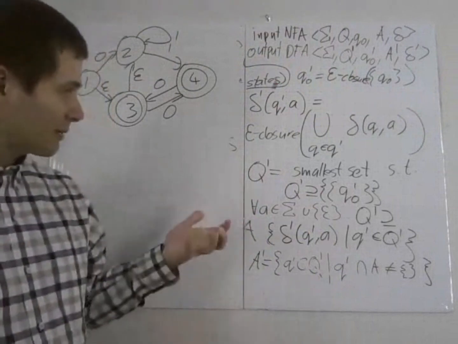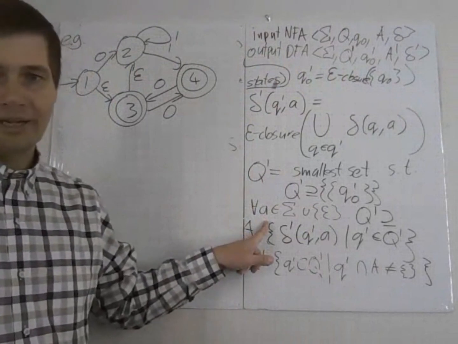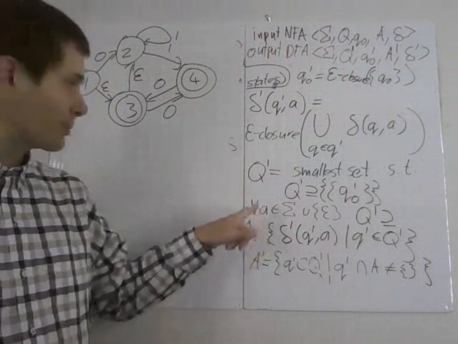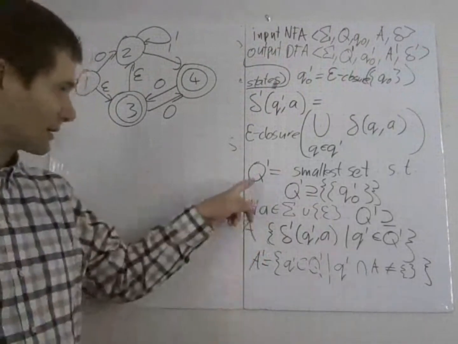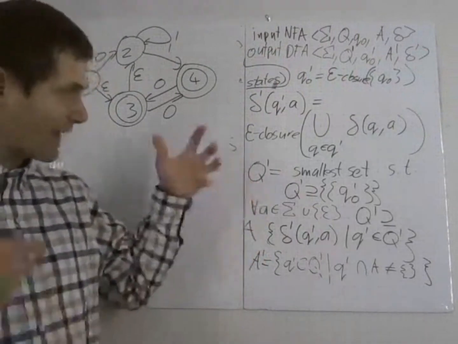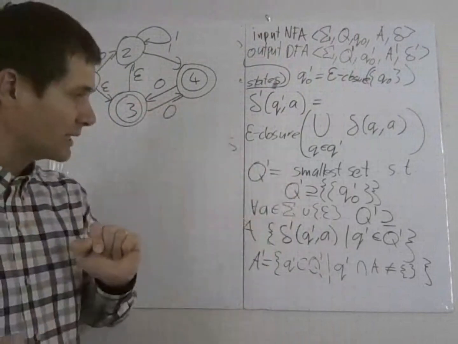In a way, we're running the NFA on all possible input symbols to pre-compute Q prime. In the end, we will have pre-computed Q prime.